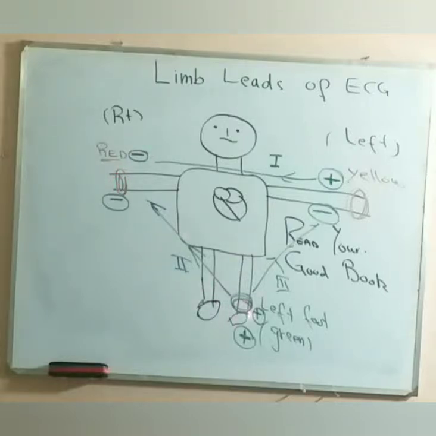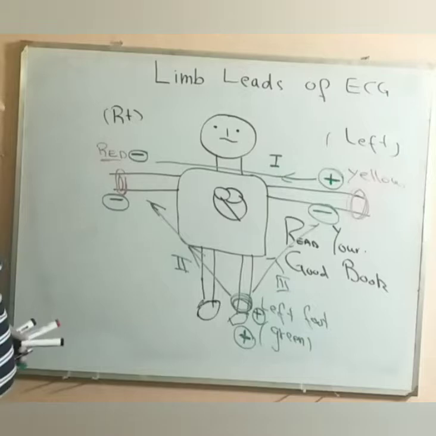Lead 2 was located between the left foot and the right arm, left foot being the positive pole and the right arm being the negative pole. And limb lead 3 was located between the left foot and the left arm, its positive pole being on the left foot and negative pole being on the left arm. So in a way it made a triangle which we now famously know as the Einthoven triangle.